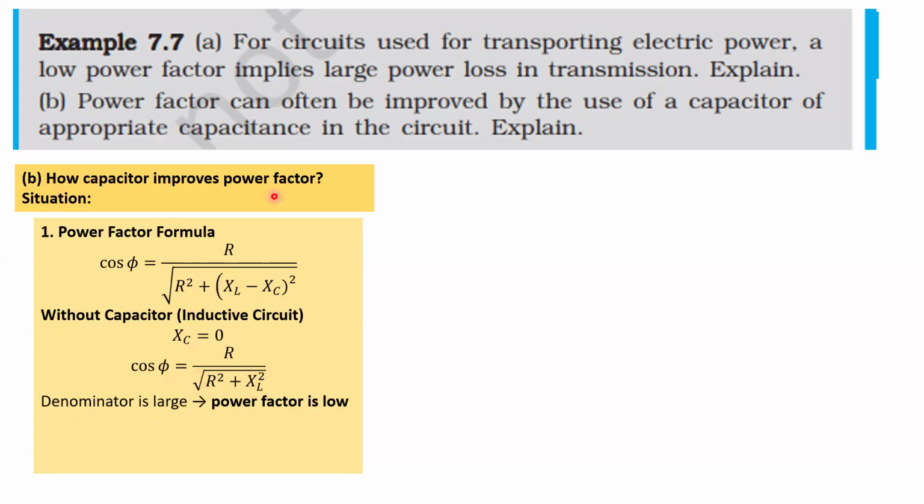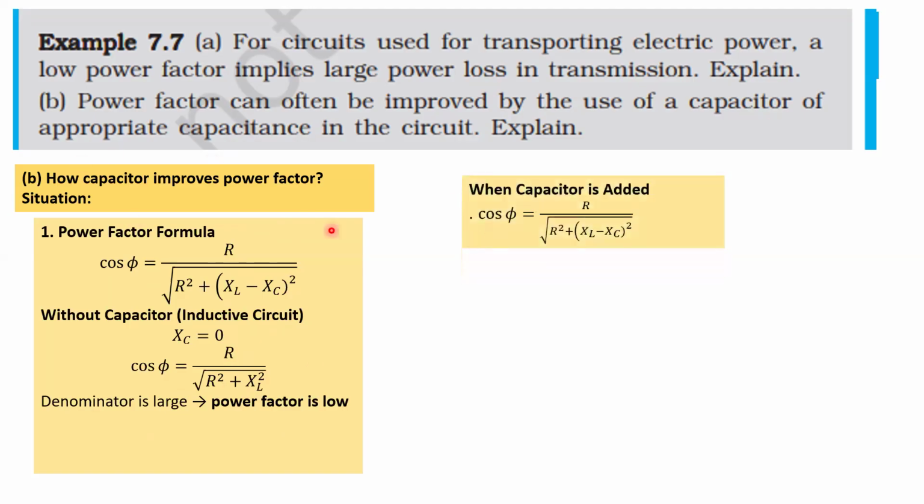When the capacitor is not there, that is only an LR circuit, cos phi value becomes low. I repeat, the capacitor is not there, this term is not there, so the denominator increases, 1 by denominator decreases, cos phi is decreasing.